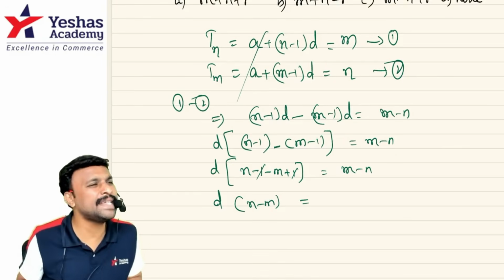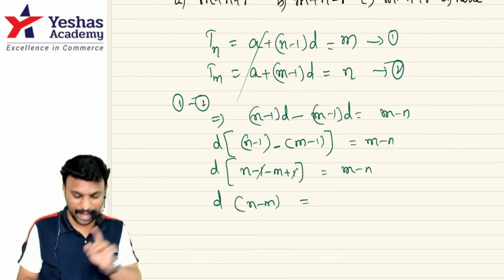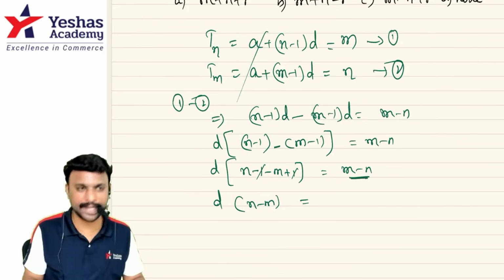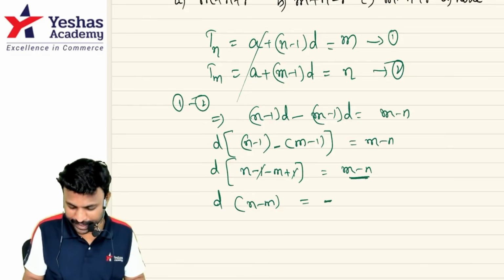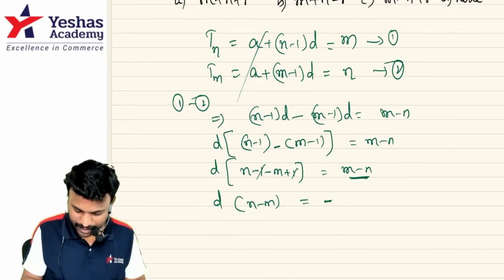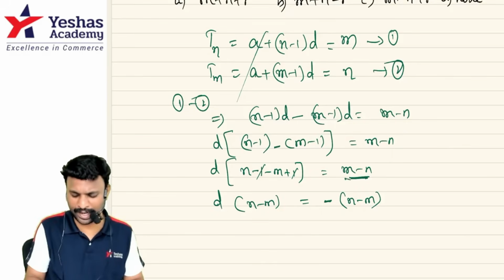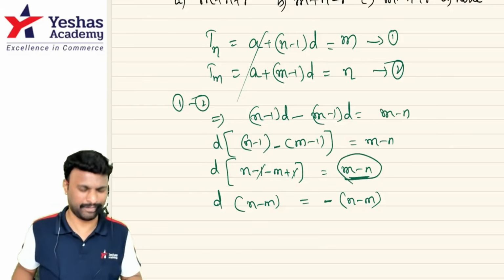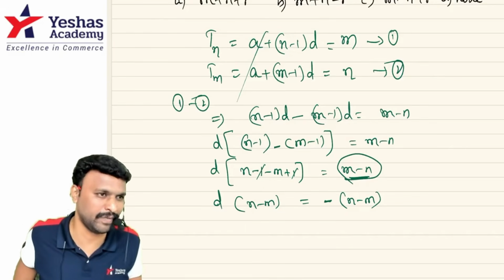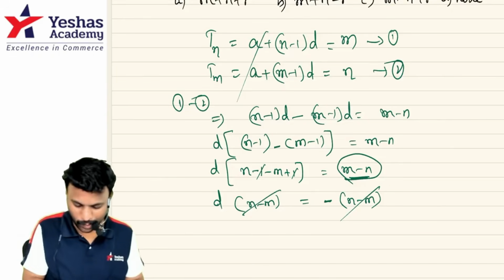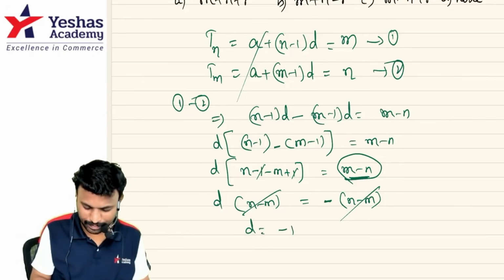I have got m minus n on the right side and n minus m on the left side. How do I write m minus n in terms of n minus m? By taking the negative sign outside, it becomes minus of n minus m. If I remove the bracket, I'll get back m minus n. The only reason I've written it that way is so that I can cancel both sides.